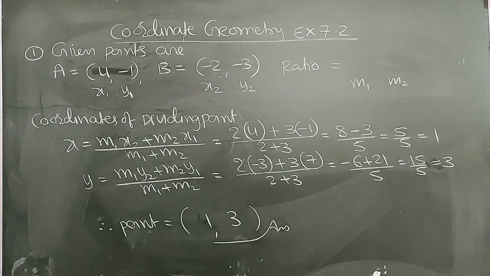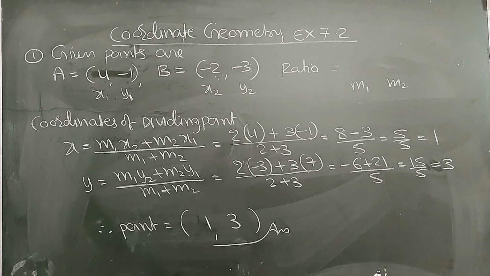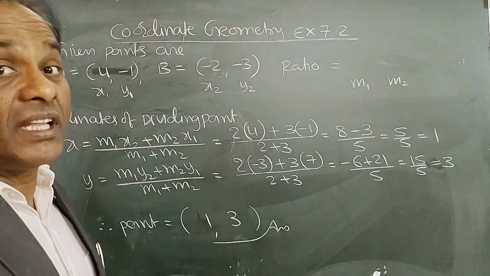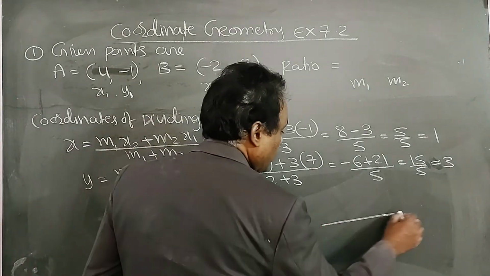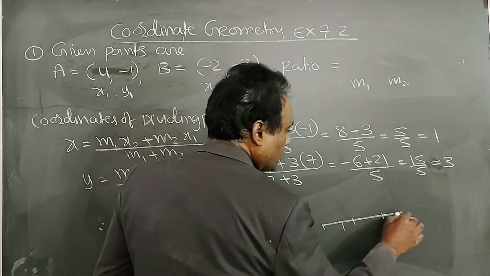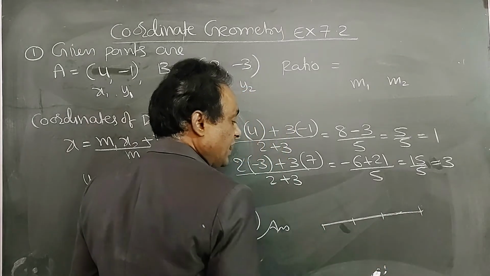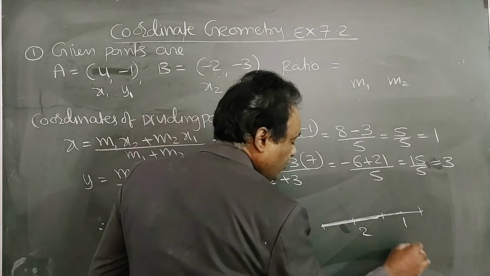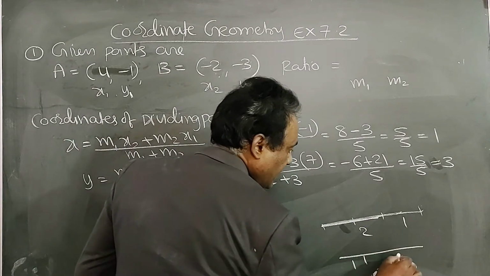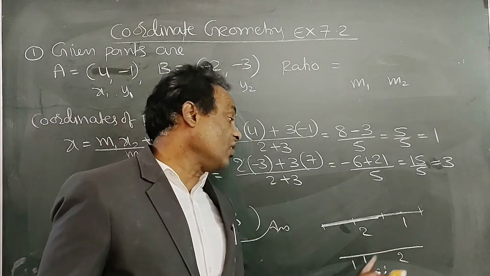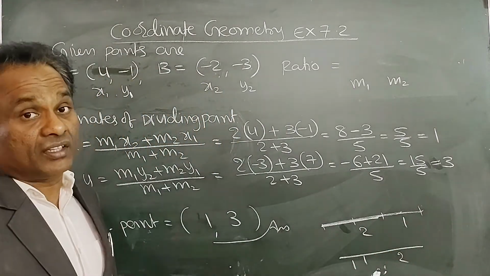Ratio is trisection. Tri means 3 parts. So if it is 3 parts, this is the first part, second part, third part. Dividing in the ratio 2:1 or 1:2 is called trisection.